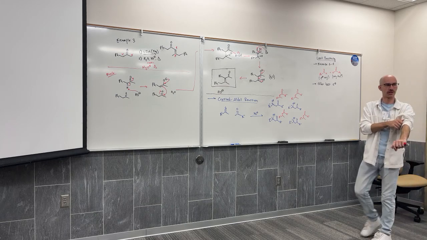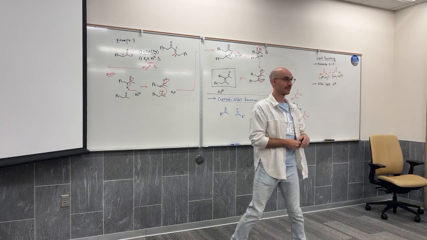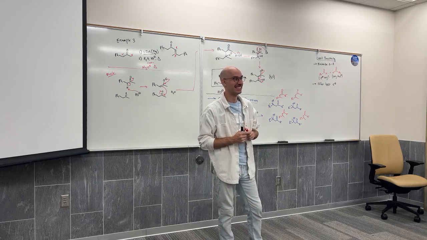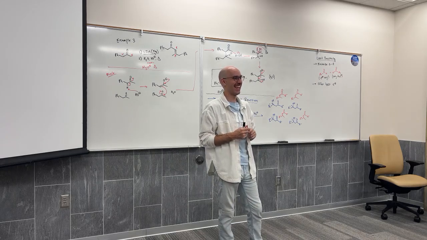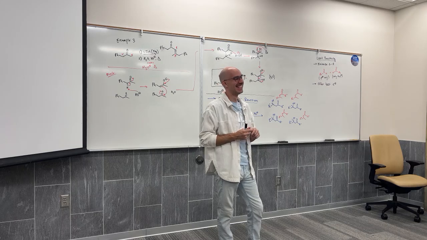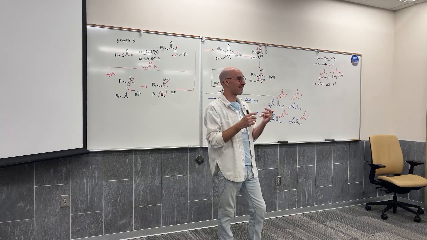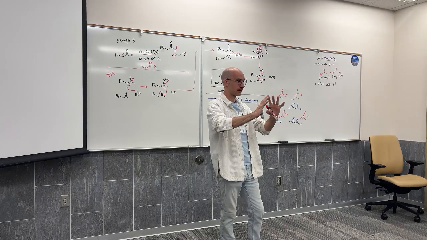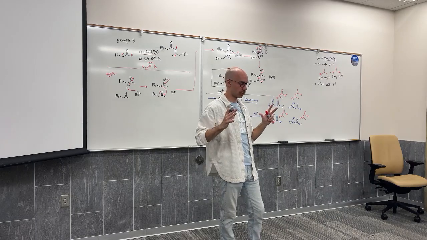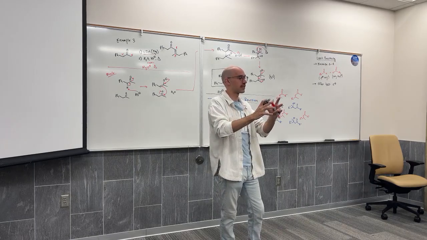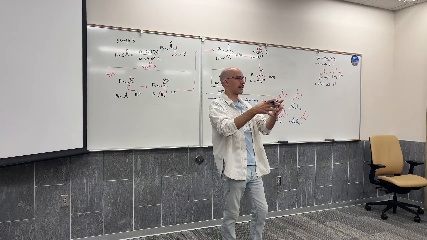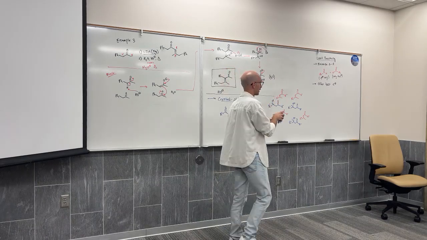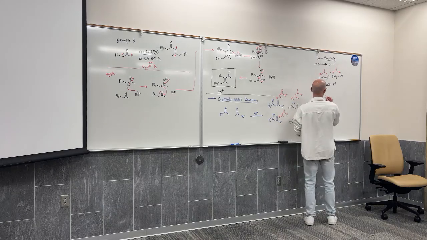Which accepts electrons more easily? Ketone? No. Aldehyde. Ketones have more steric strain and more induction because they've got larger carbon groups pushing electron density towards that carbonyl carbon. So the ketone is less of an electrophile. The aldehyde is more of an electrophile.